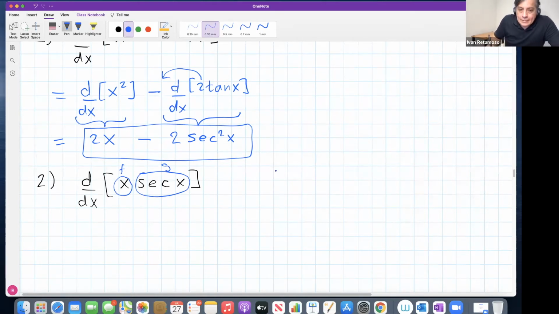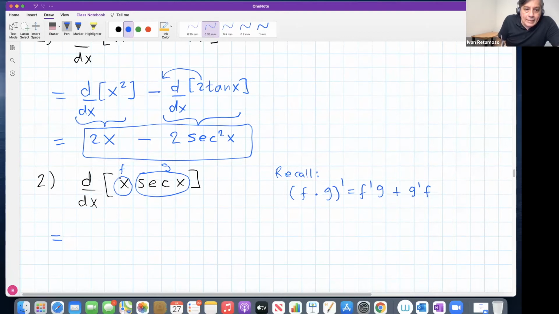So recall your product rule says that the derivative of f times g is equal to the derivative of f multiplied by g plus the derivative of g multiplied by f, right? So this should be equal to the derivative of f. Start with that.